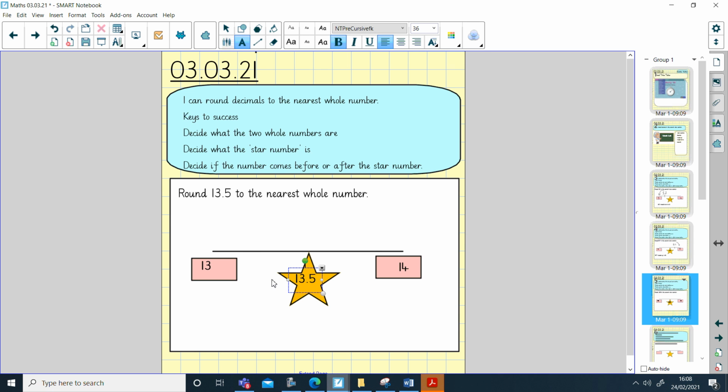So where will 13.5 be? Well, it's going to be exactly here, isn't it, with my star number? And this is where I need to think about my rounding rule. If it's 5 tenths, it rounds up. So 13.5 will round up to 13. To 14, sorry. Silly me.